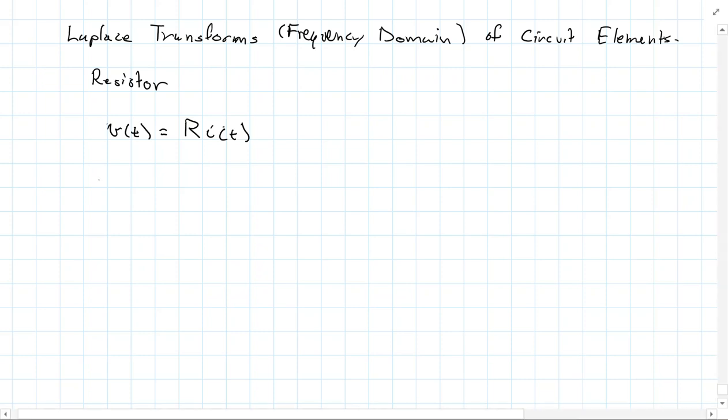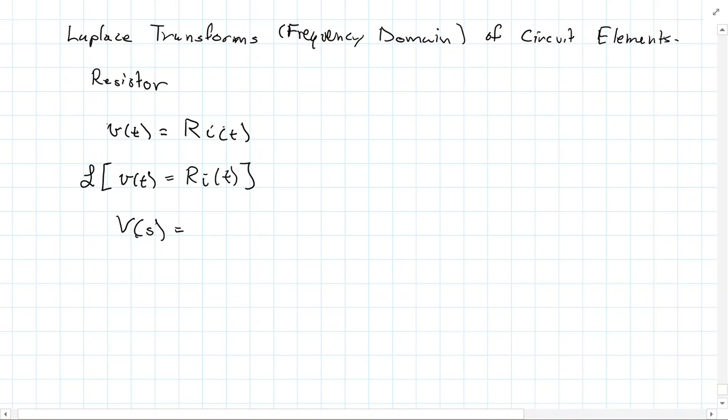But now if I take a Laplace transform of both sides, we don't want to overthink this. It's going to be relatively straightforward. The Laplace transform of the voltage is just the voltage in the S domain. R is the resistance, but that's just a constant.